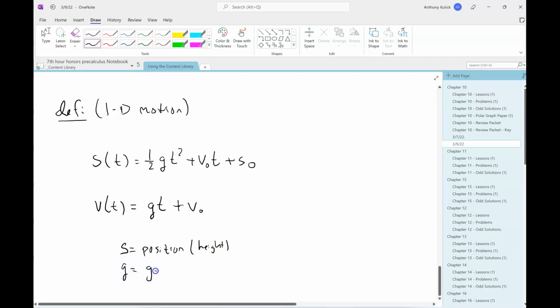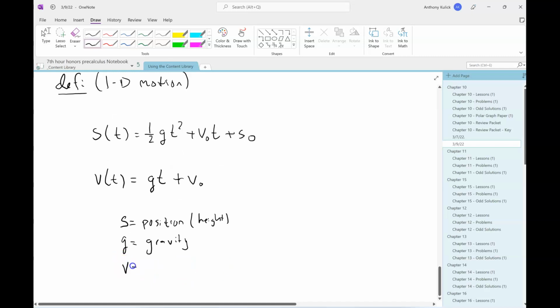G is the gravitational constant. V is velocity. Velocity is just basically speed, but it can be negative. In physics, speed always has to be positive because it has no direction associated with it. Whatever. And then T is our parameter that'll represent time.